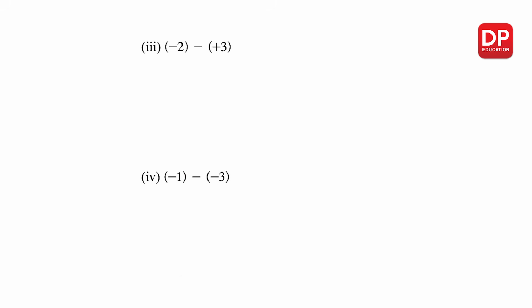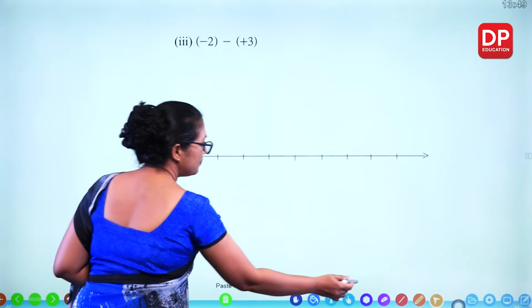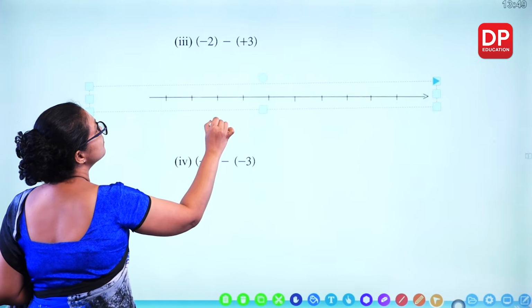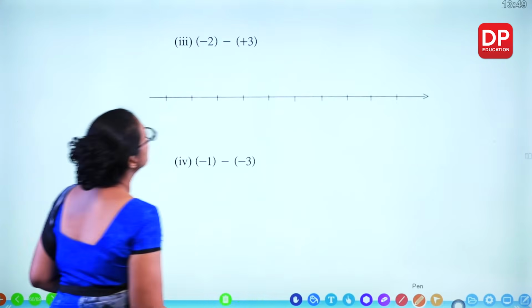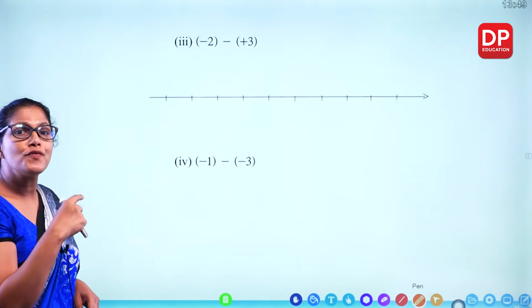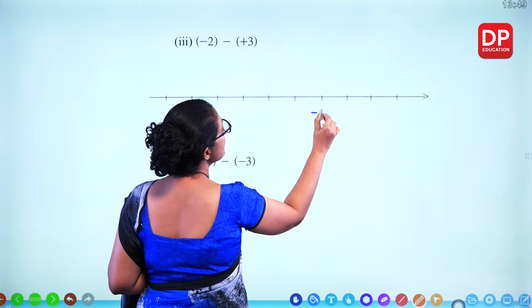This one using number line. So we'll take the number line. And starting with -2. And here minus means moves to the left. So we'll start -2 somewhere here. It's easy.